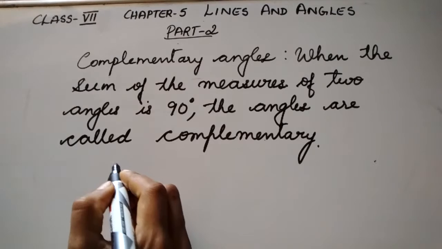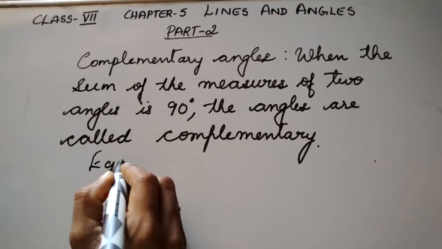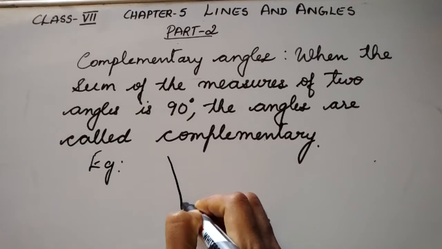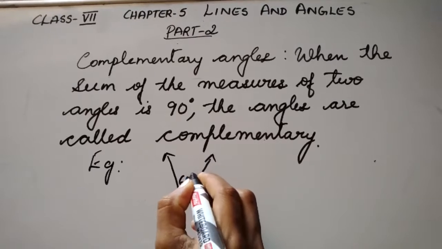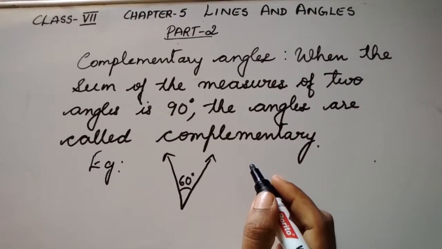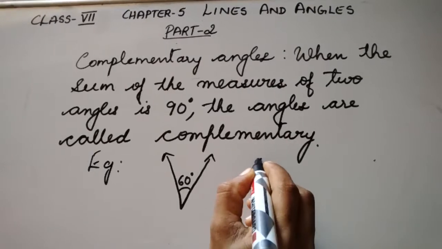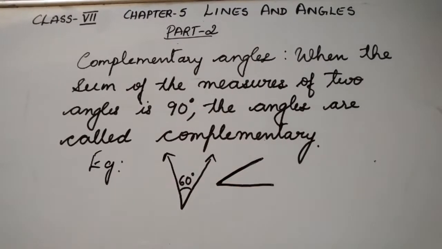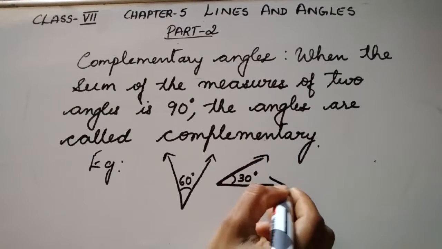Example, suppose this angle is 60 degree. And this is 30 degree.